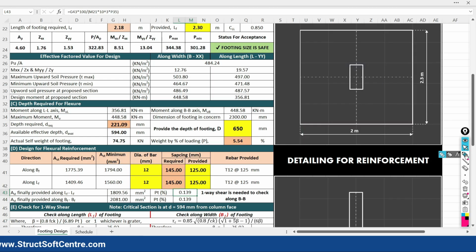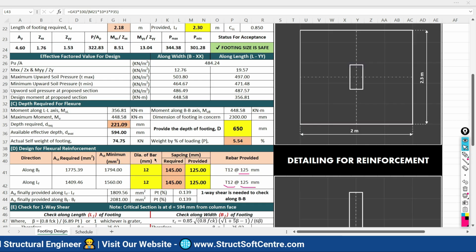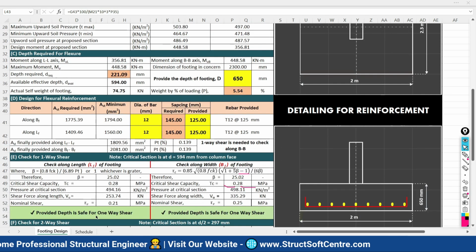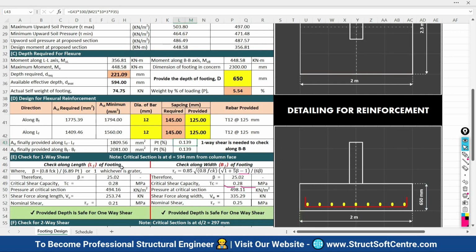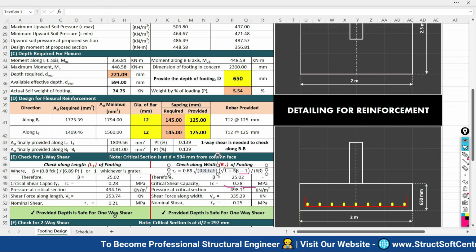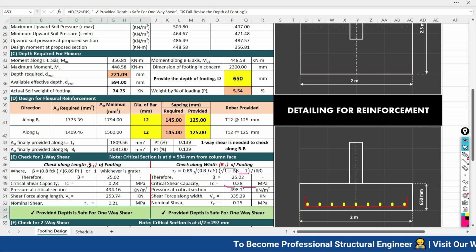So 12 mm diameter of bar at a spacing of 125 mm center to center, in both directions. Now here you can check the one way shear along length and along width. We found that the provided depth is safe for one way shear along the length, and safe for one way shear along the width.